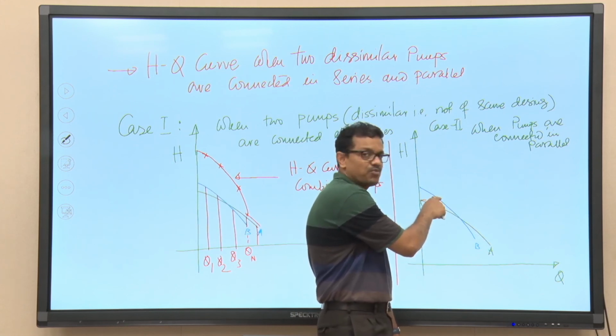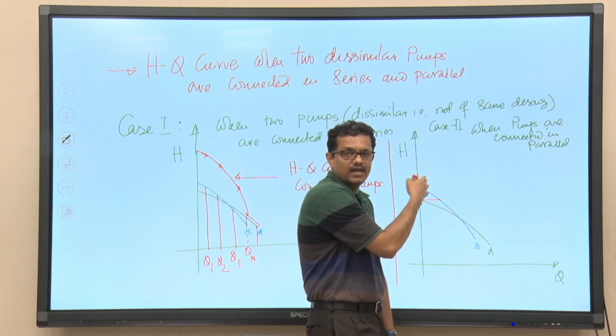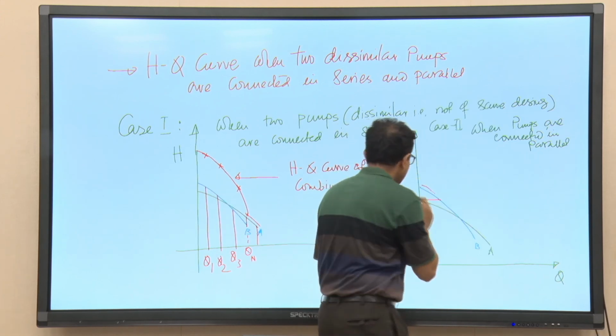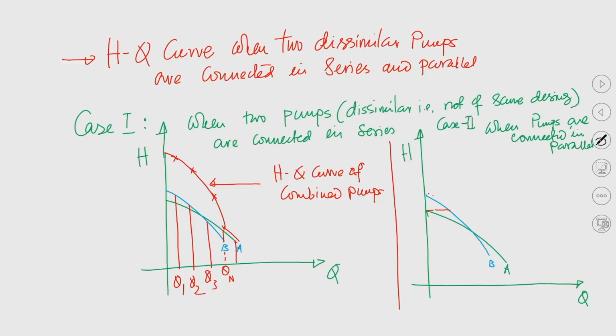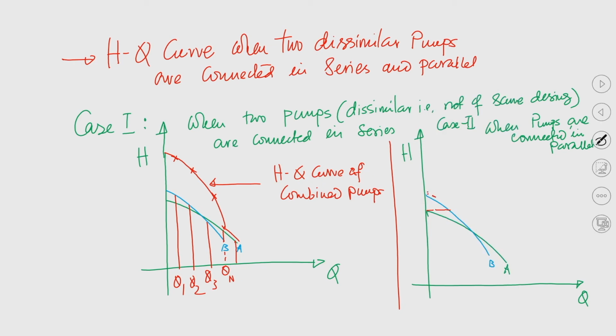So, up to this point, though these two pumps are connected in parallel, the combined curve will follow the curve of pump A, right. So, this curve will start from here up to this point.